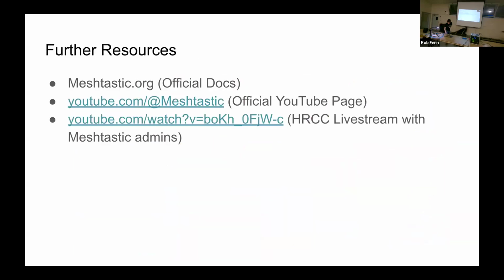Okay, so further resources: meshtastic.org, the official documentation page, the Meshtastic YouTube page, and Ham Radio Crash Course. He does a lot of cool videos about Meshtastic, and he's a pretty good resource. But I would say some YouTube videos are not trustworthy.